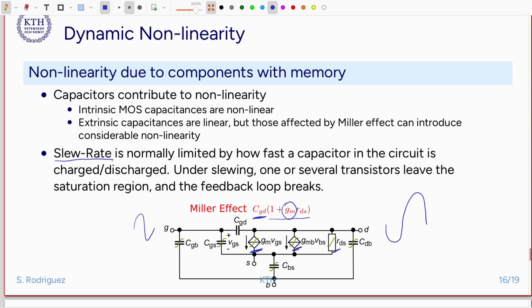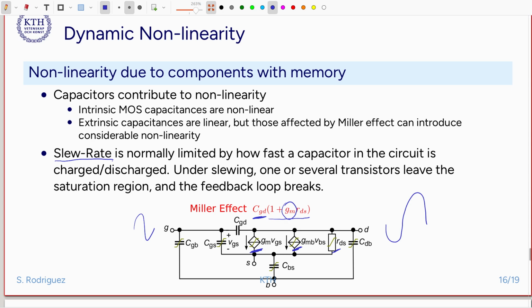That is because the capacitor is charged and discharged by a current source that we put in our design, and under large signal swing conditions this capacitor will not be charged fast enough to follow the signal. It is a mixture of the speed of the signal and also the amplitude of the signal.